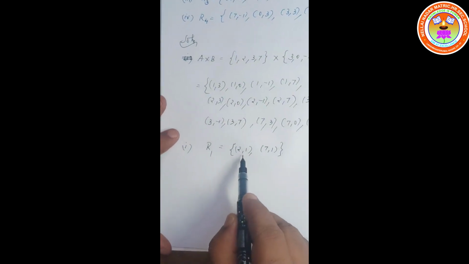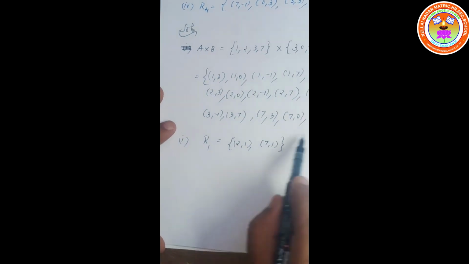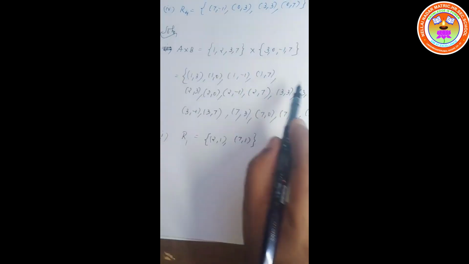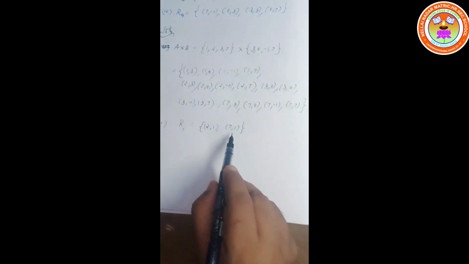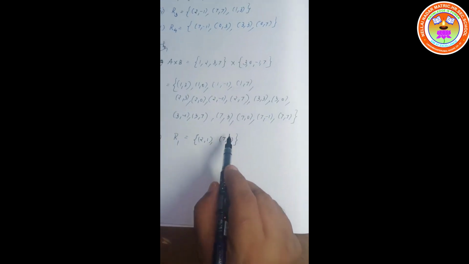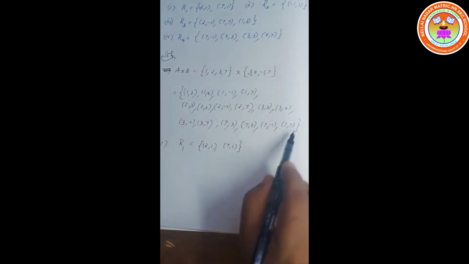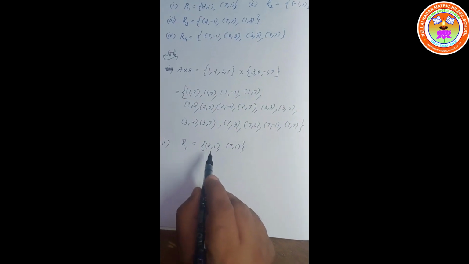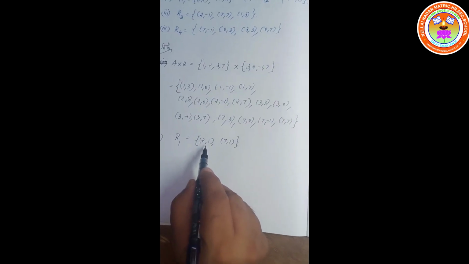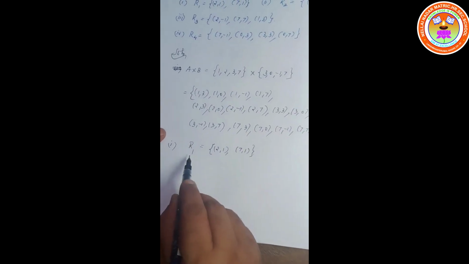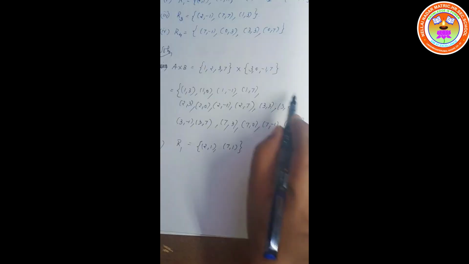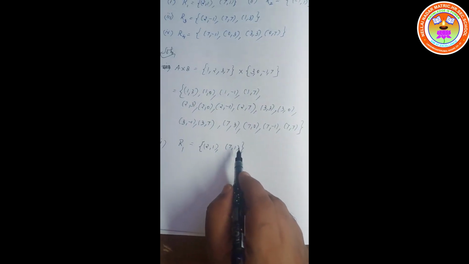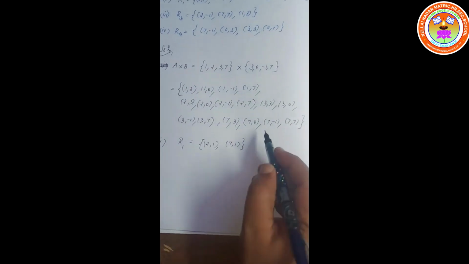So (2, 1), is it here? No, (2, 1) is not over here. Then (7, 1). No, (7, 1) is not over here in A cross B. If at least one element of the relation R1 doesn't belong to A cross B, we can straight away tell that it is not a relation.